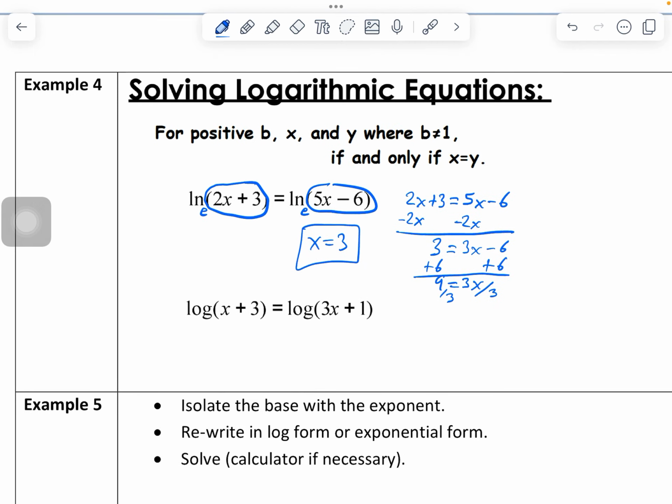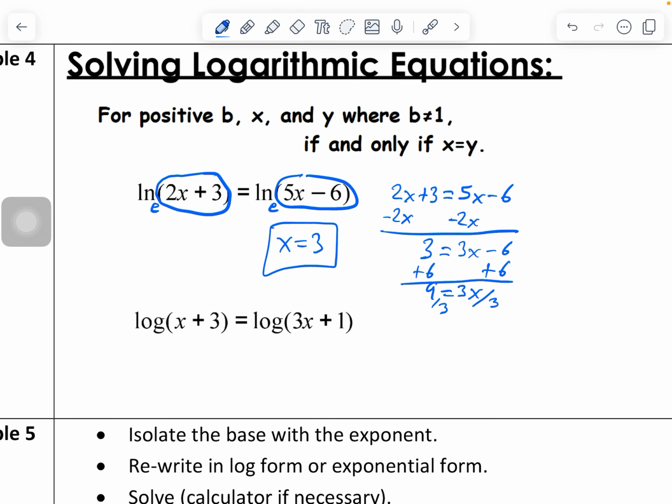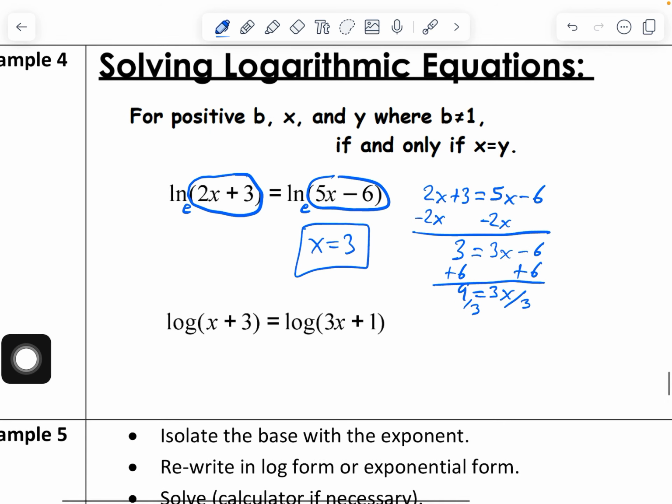We do actually have to check for extraneous solutions, because if you recall earlier when we first learned about logs, you can't take the log of 0 or anything less than that. We are restricted. This is where the asymptotes on our graph would come in, which we're going to see in the next lesson. But in this case, we can't take the log of 0. So our answer would have to be greater than 0.